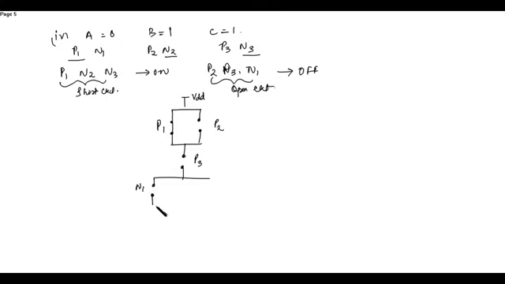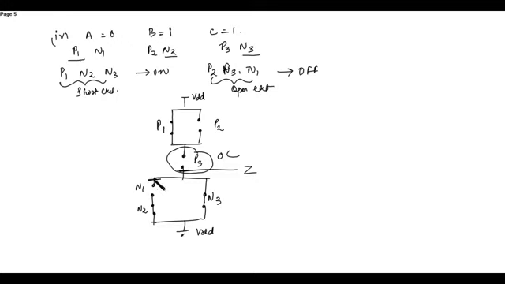N2 is on, so represented by short circuit. N3 is also on, so represented by short circuit. So this is N3 and this is the output Z. So before looking at P1 and P2, we can see P3 is open circuited, so it will create a blocking over here.